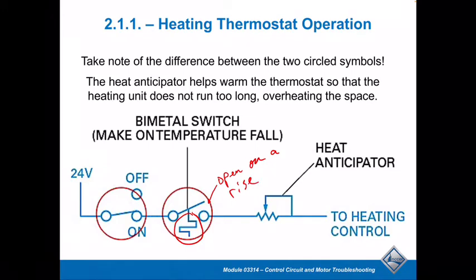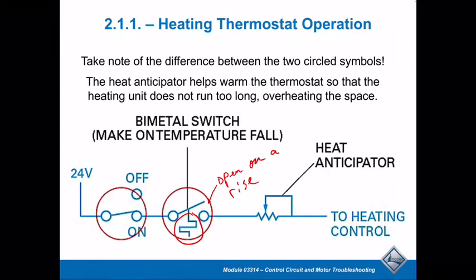Now, as it opens on a rise, that means that, let's say you have a set point of 70 and the system is measuring 67 degrees, it's going to heat, and then obviously when it hits that 70, you would expect it to open up, or at 72, depending on the differential that we have in there. So that's kind of the operation of what you'd expect.